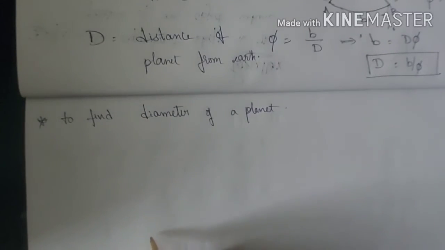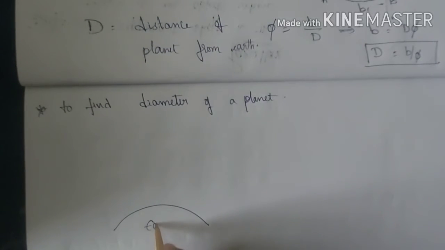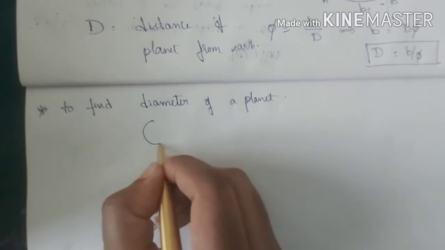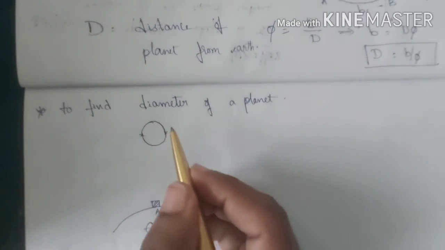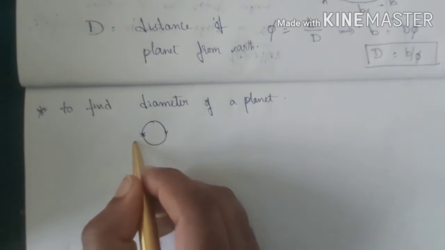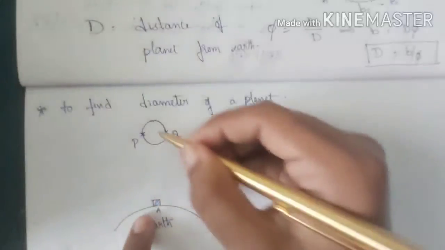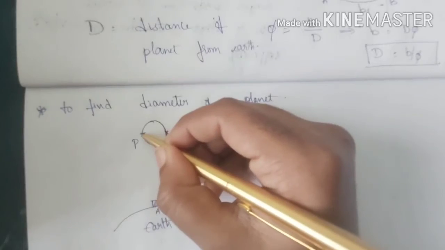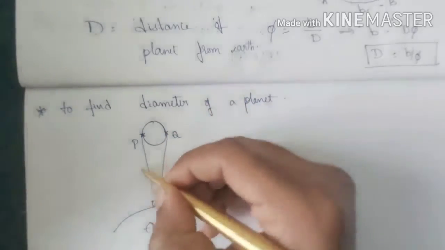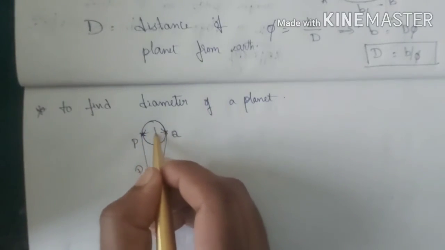Here again I am taking Earth, observatory A, and I'll have my planet with two points, the two ends of the diameter, point P and point Q. Let the distance of this planet from Earth be capital D, and the diameter of the planet be small d.